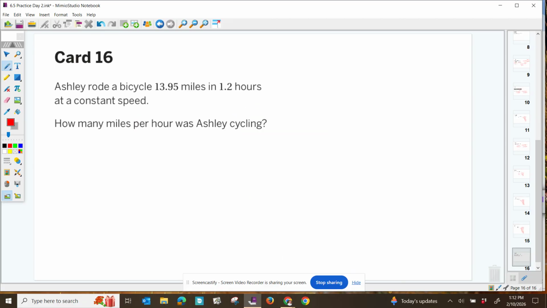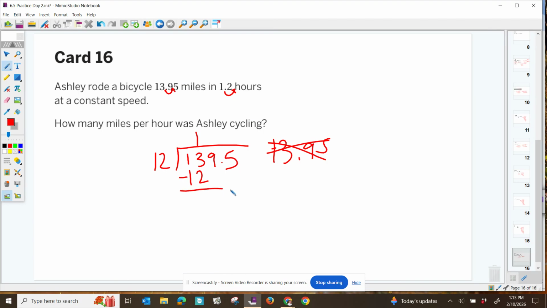Here we go. And the last problem is $13.95. Well, I'm going to do it up here. One place. It's how many times does 12 go into 139.5? And so 12 goes into there one time. I'm making sure that I'm doing some of these problems I did, and then I didn't. It turns out I just had to write the equation. So that's 1275.